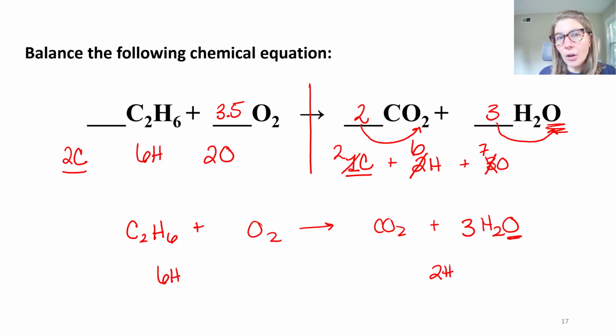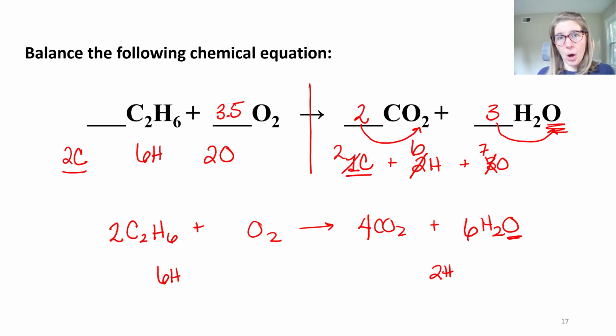But really, I also need to have an even number of oxygens. 3 times 1 is still 3. So in order to make this an even number of oxygens, I would put a 6 here. That gets me 12 hydrogens, which is totally not what I wanted. And so that means I have to double this. Well, that messes up my number of carbons. So then I have to come in and put a 4 right here.